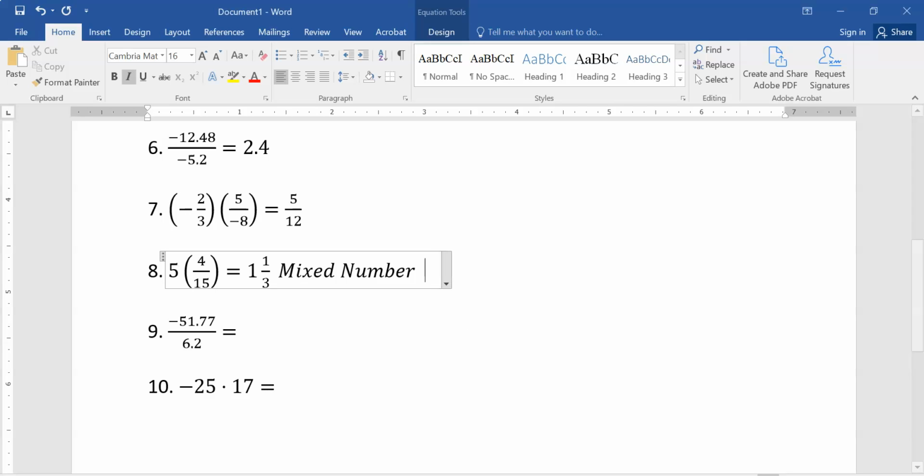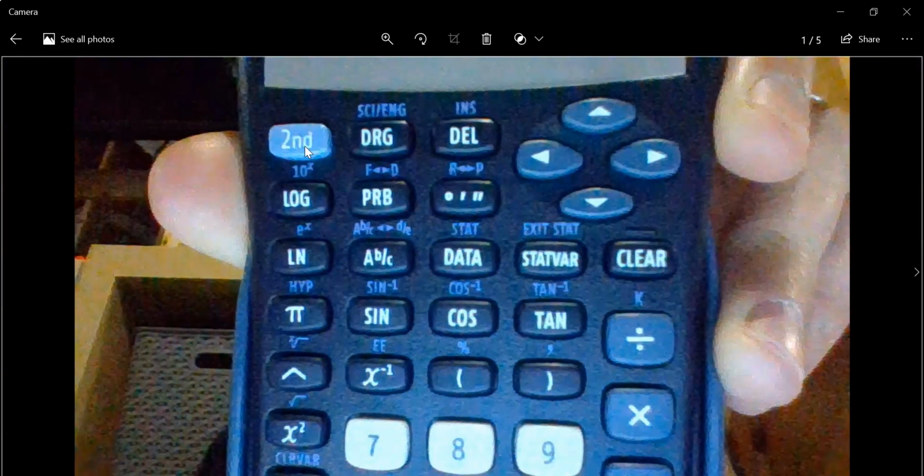And most of the time, that's the version of the answer that Moodle is going to want from you. So that improper fraction, 4/3 is the one. Again, just to say, second and FD changes from decimal to fraction, and then fraction to decimal goes back and forth.